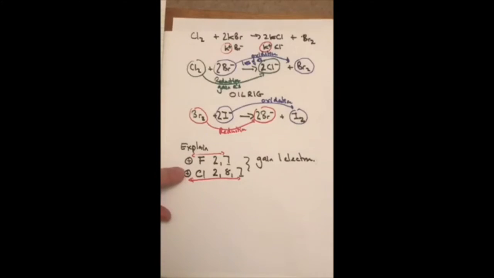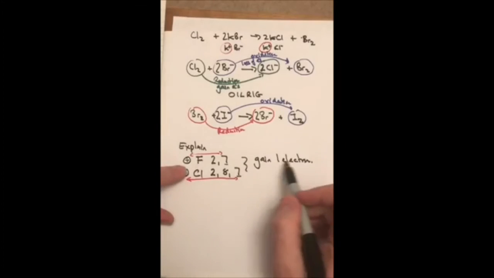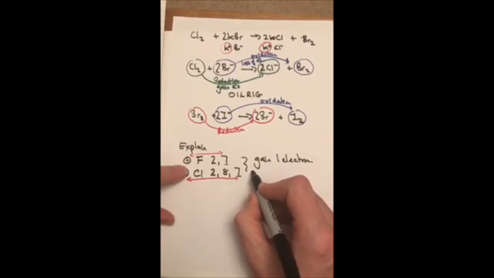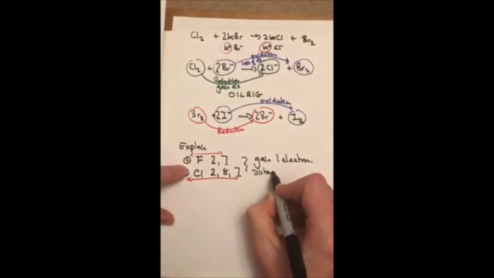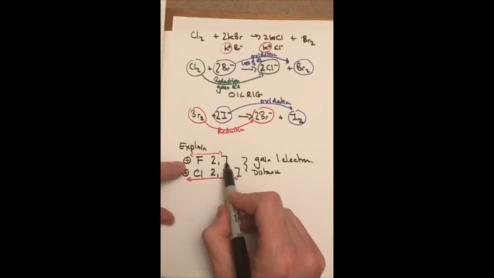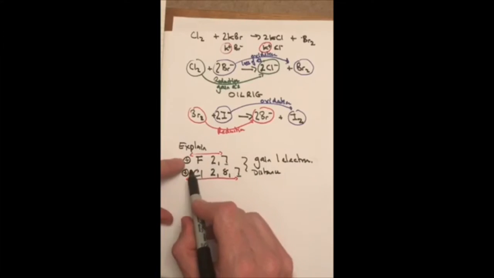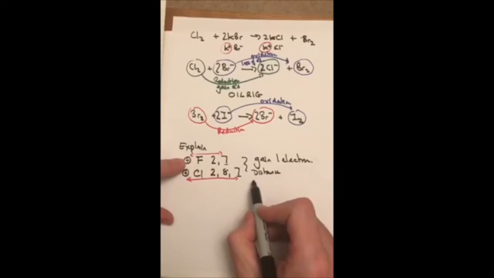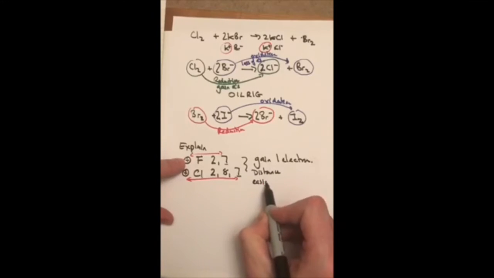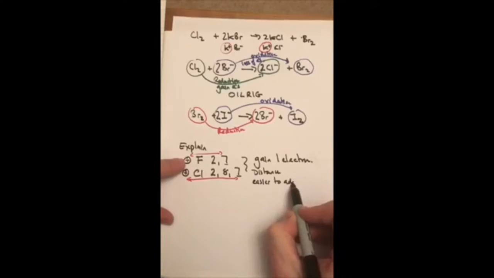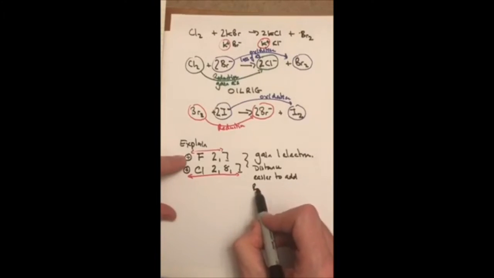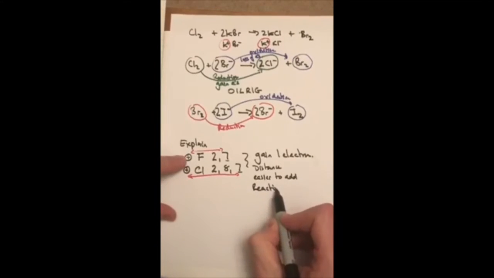So the key things to think about here is these are trying to gain electrons. You need to think about the distance, so that as they become smaller, the distance gets less. If the distance gets less, then it's easier to add that electron, and therefore they become more reactive.